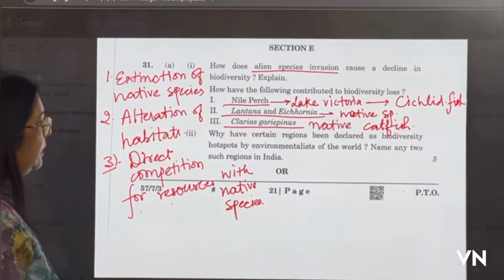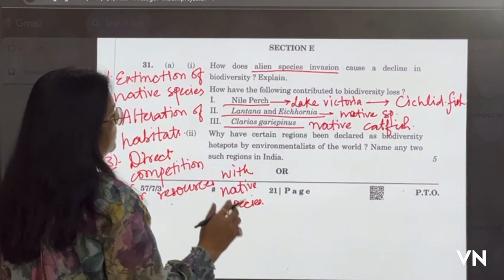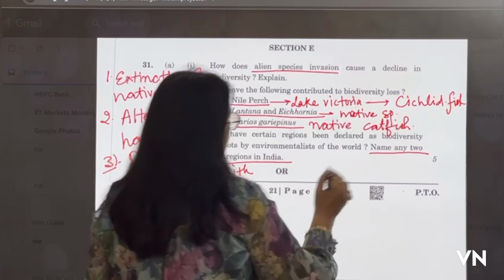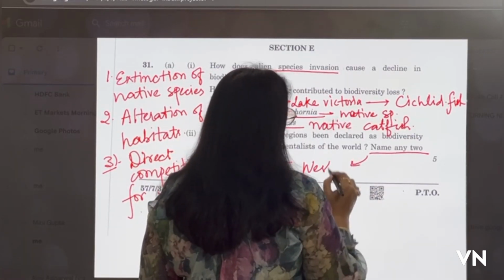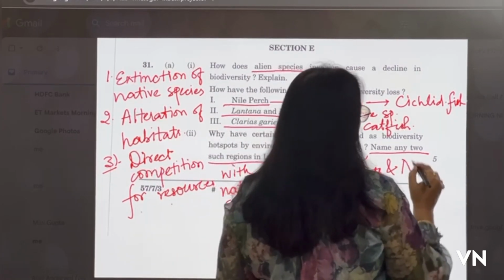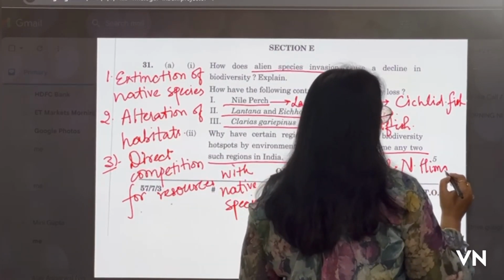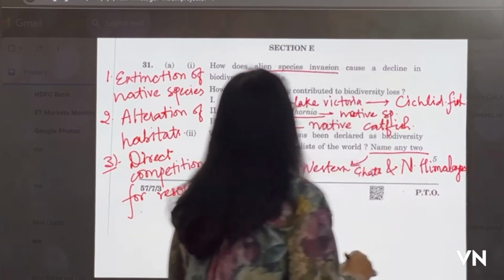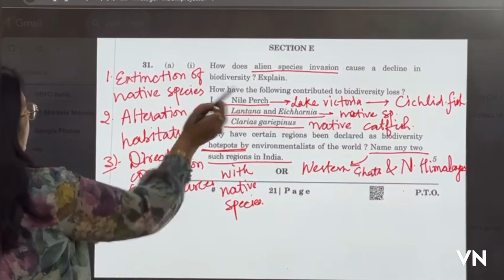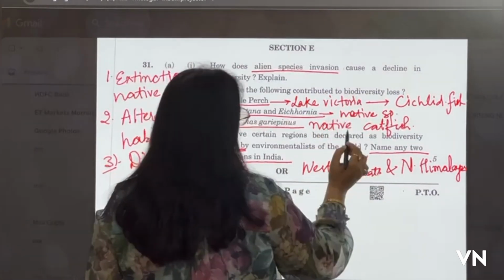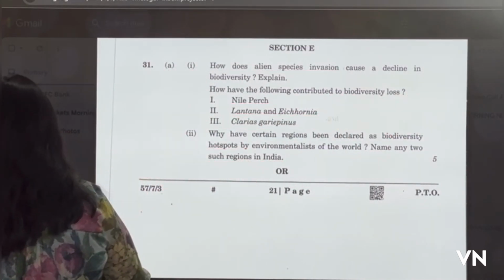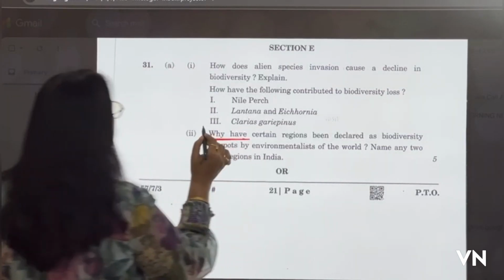Why have certain regions been declared as biodiversity hotspots by environmentalists of the world, and name two such regions in India: the Western Ghats and the Northern Himalayas. So 1.5 marks here, 1.5 marks here, 3 marks, and 1 mark for these 2 points, 4 marks, and 1 mark will be given for the reason.